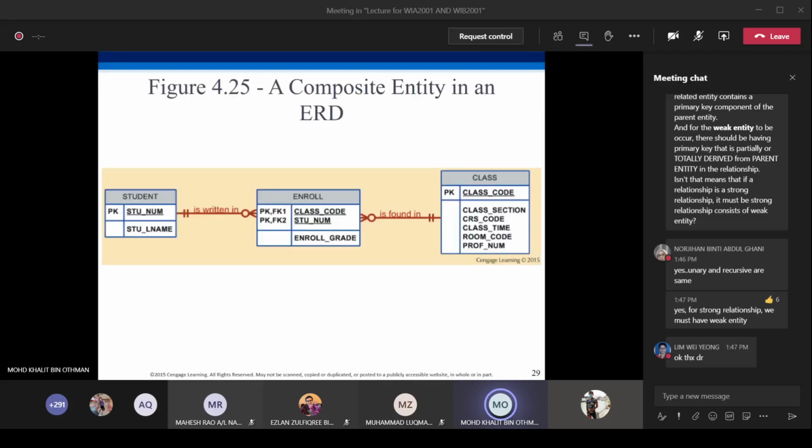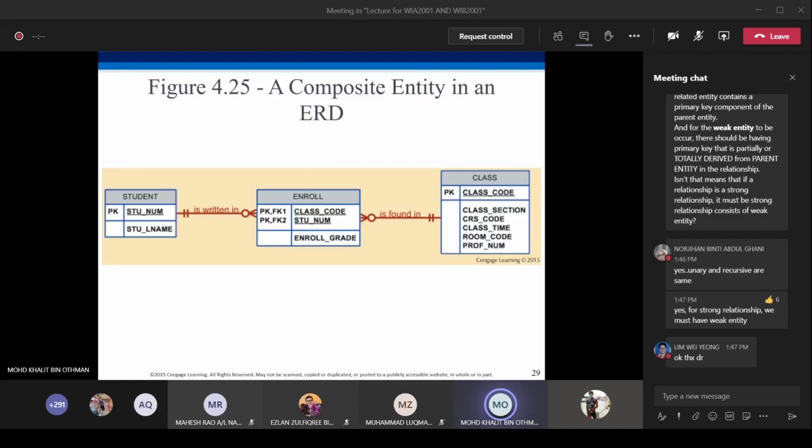Figure 4.25 shows a composite entity in an ERD, which is the enroll entity. Based on the figure, we can see the composite enroll entity is existence dependent on two other entities, the student and class entities.